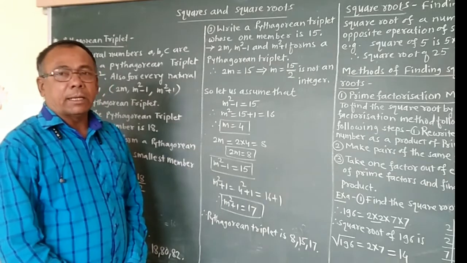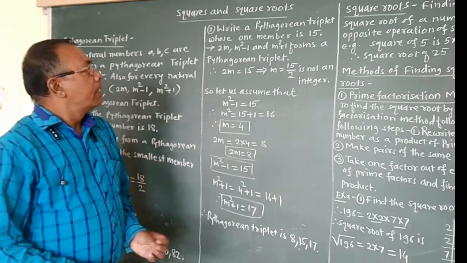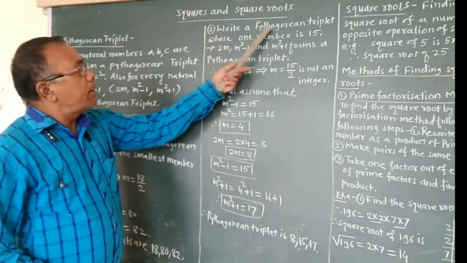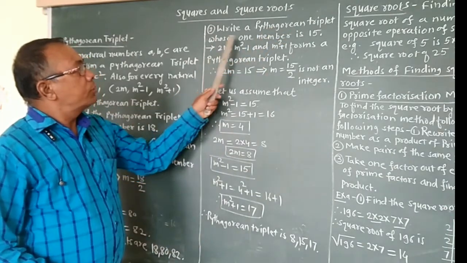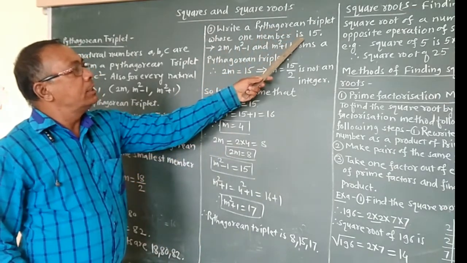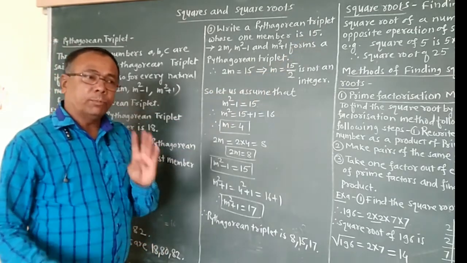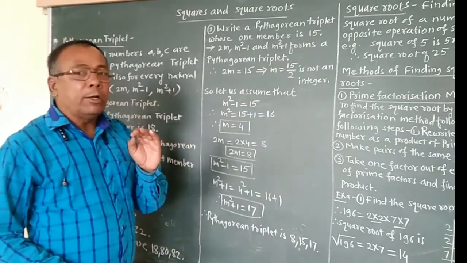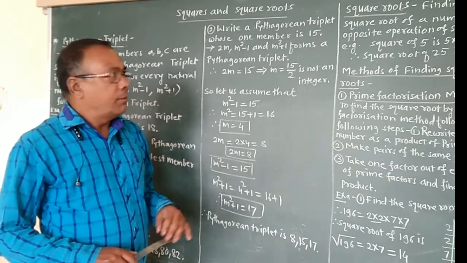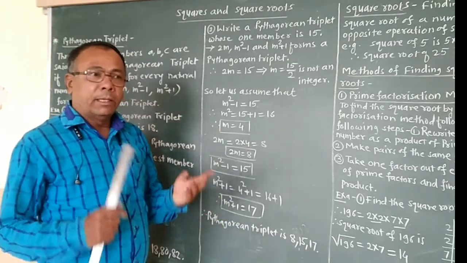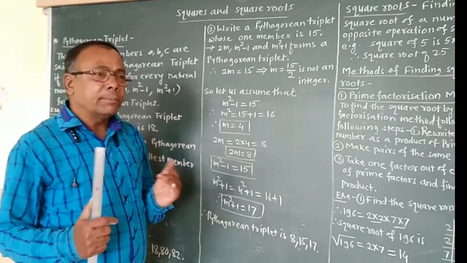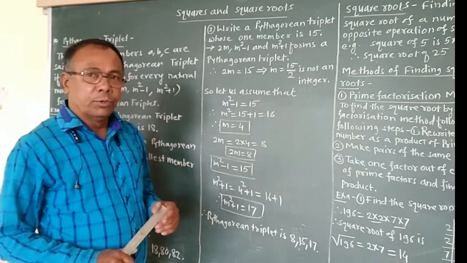Again we will see another example. Write a Pythagorean triplet whose one member is 15. Out of three members, the value of one member is given, but whether it is 2m, m square minus 1 or m square plus 1, we don't know.